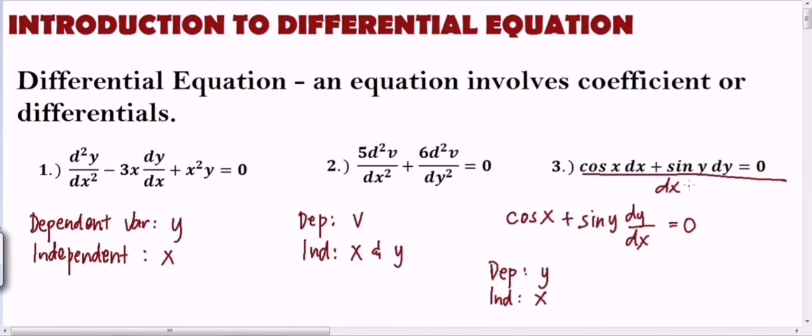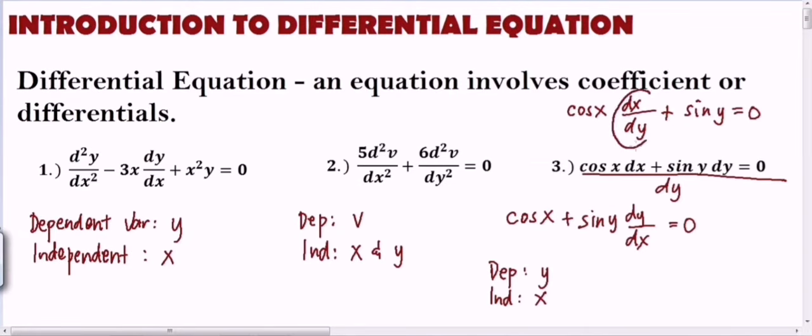Okay? Ngayon, kung i-divide ko naman siya sa dy, so, pagka dinivide naman natin siya sa dy, okay, so, ang magiging equation natin would be cosine x dx over dy plus, so, para naman kay sine y dy, makakancel yung dy. So, ang magiging sagot ay sine y na lang equals 0.